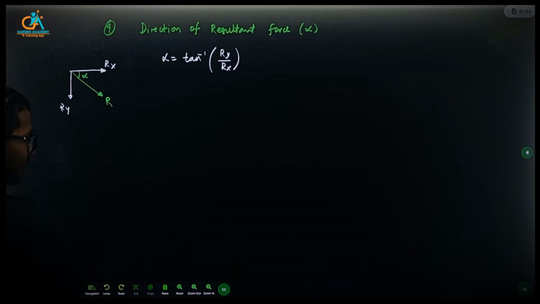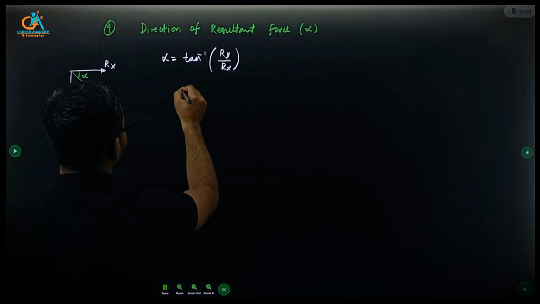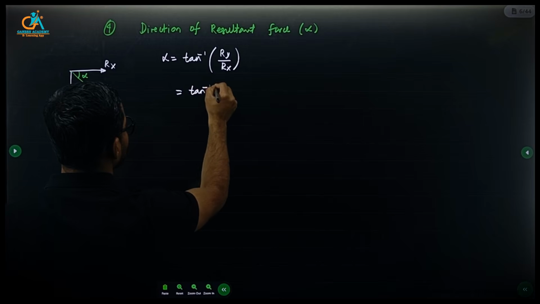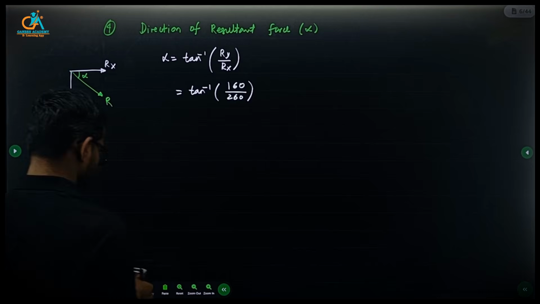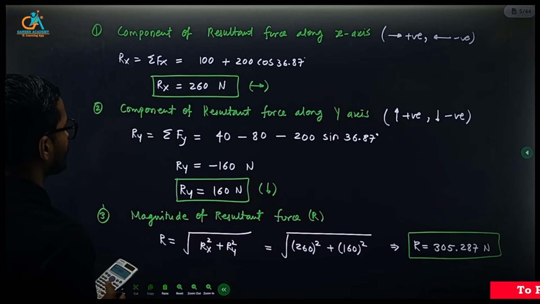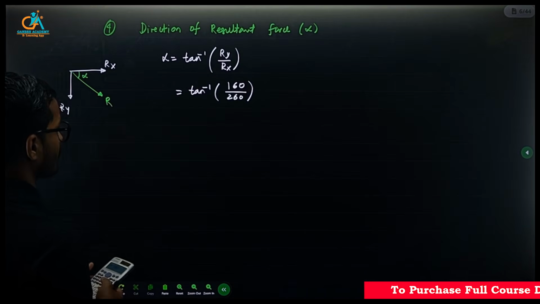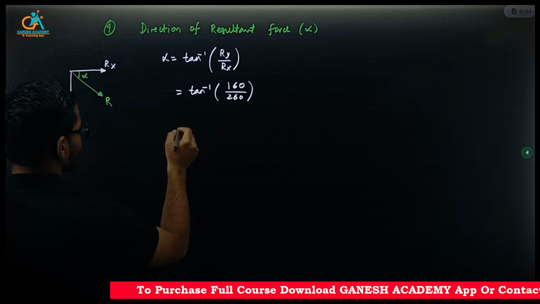Ry is 160, Rx is 260. That gives 31.607.